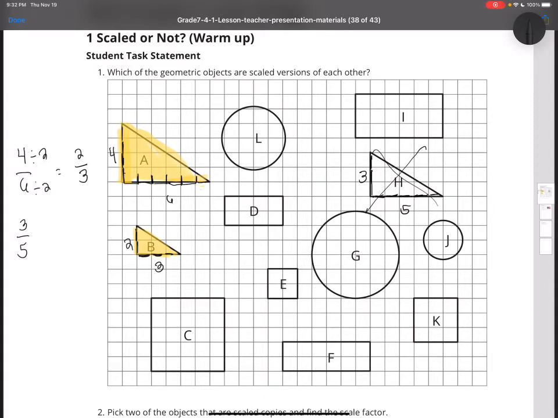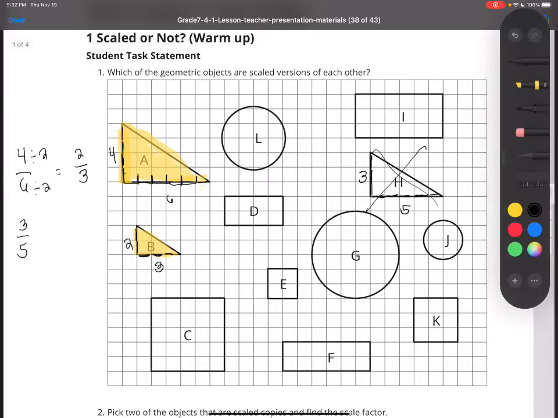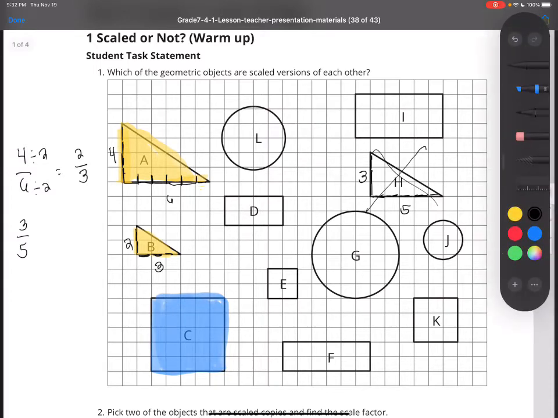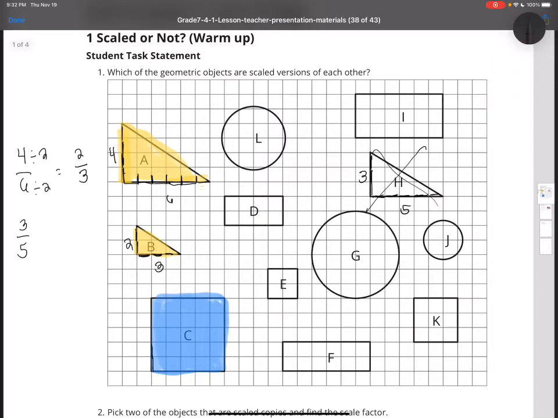Okay? Now let's move on to the next shape, which is C, and C is this square. Well, it appears to be a square, but we're going to see. So I'm going to highlight this in blue. All right, so let's take the dimensions of this shape. So this one is 1, 2, 3, 4, 5.